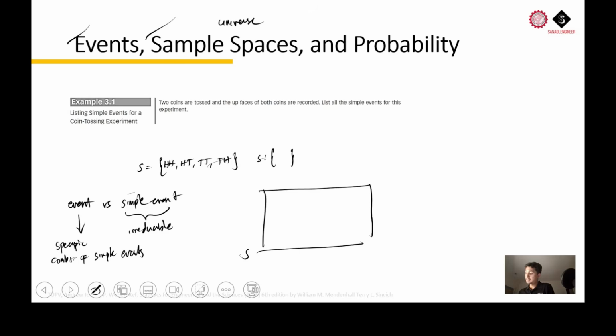Therefore, the simple events inside that universe or inside the sample space are the following: HH, HT, TT, and TH. So that's the visual representation of that sample space and the corresponding simple events.